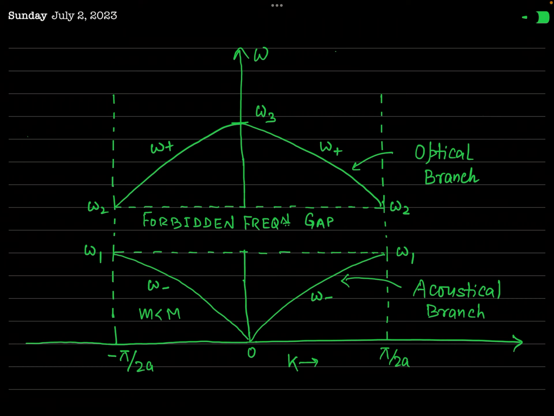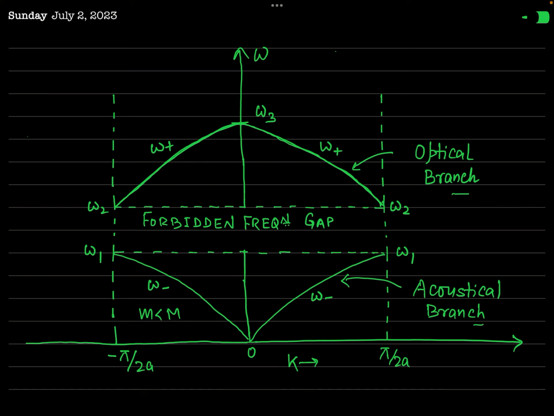You can see I have shown it in the figure here. This is the graphical plot of omega plus against k, and this upper branch is called the optical branch. The other branch, for omega minus, is the lower branch, and this is called the acoustical branch.